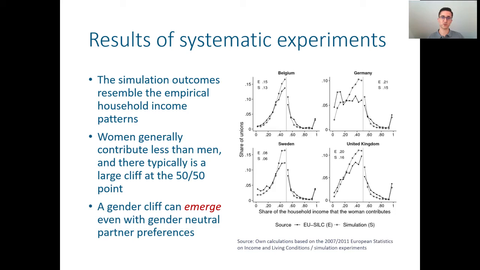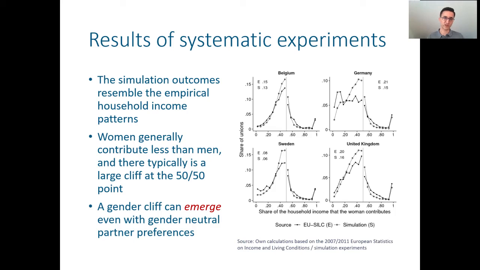That is, just as we observe in empirical data, the model generates relative income distributions across households that are right-skewed. This means that there are comparatively fewer unions in which the woman earns more than the man, than there are unions in which he earns more. Furthermore, and most importantly, the model generates a cliff at the 50-50 point that often is even stronger than in the empirical data.